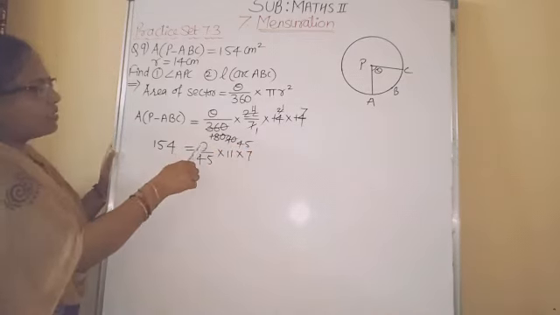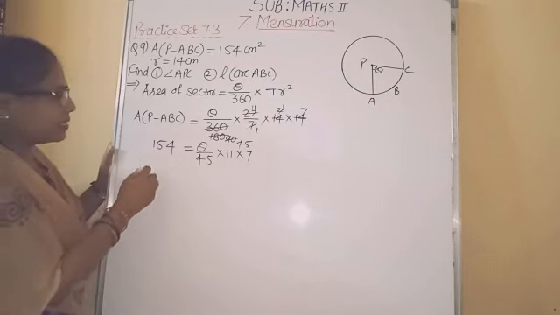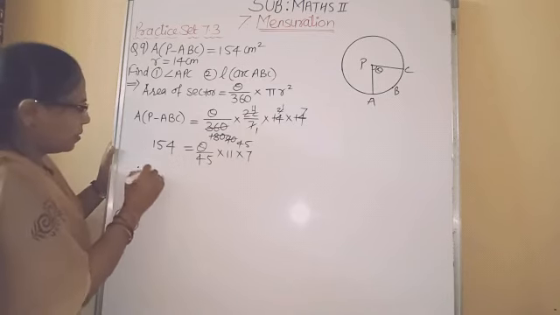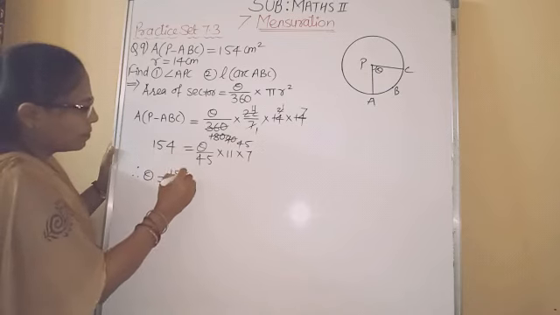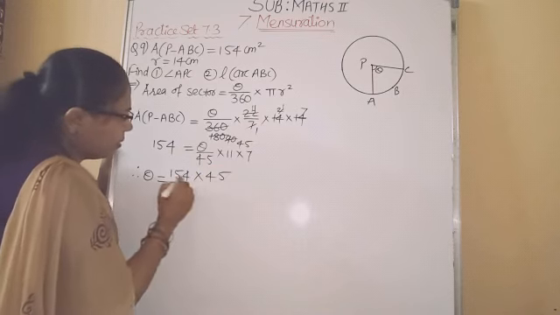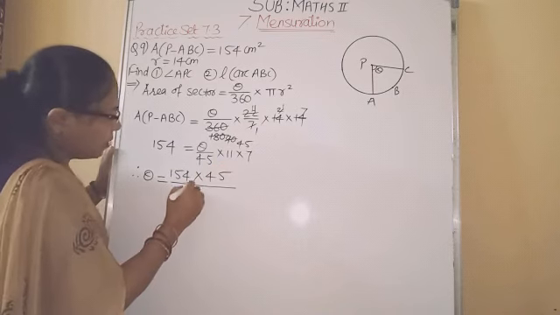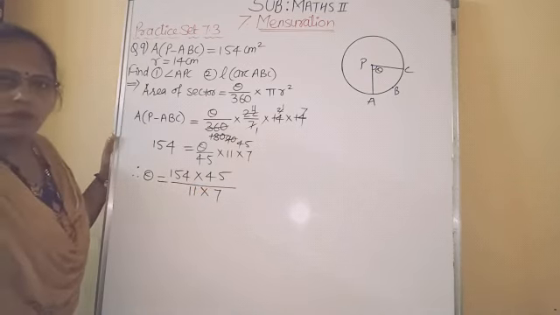Now to find out this theta, take all these numbers to the left hand side. So therefore, theta equal to 154 multiplied by 45 divided by 11 into 7. Okay.